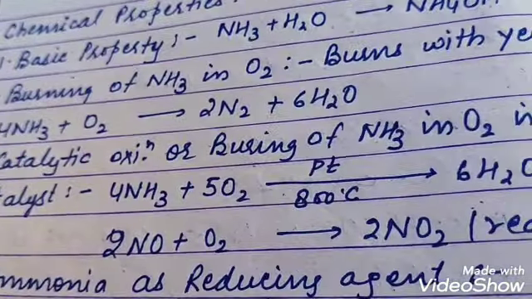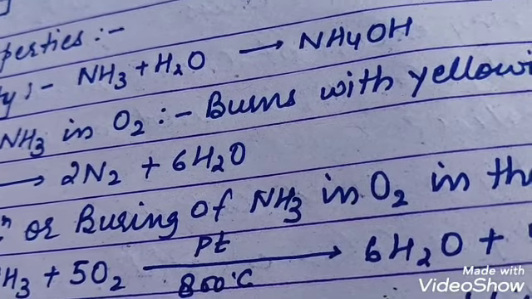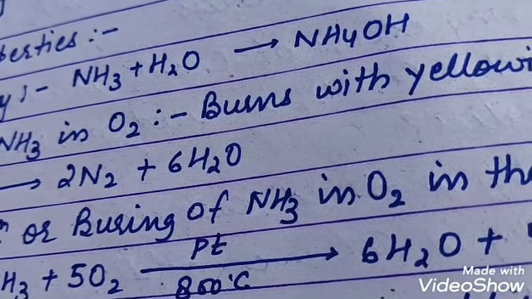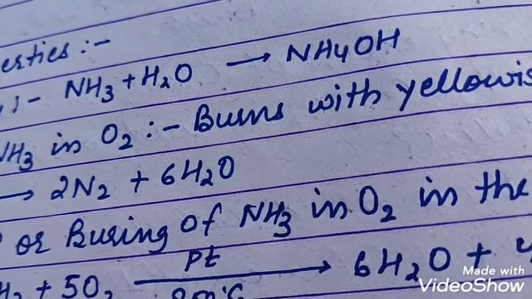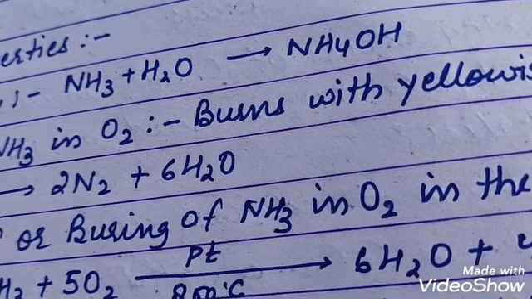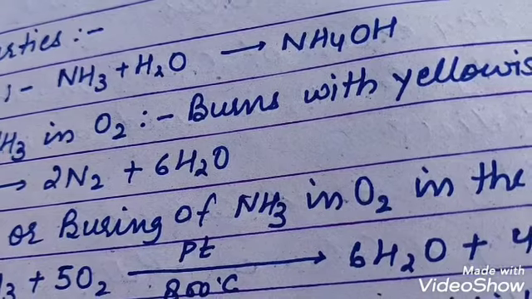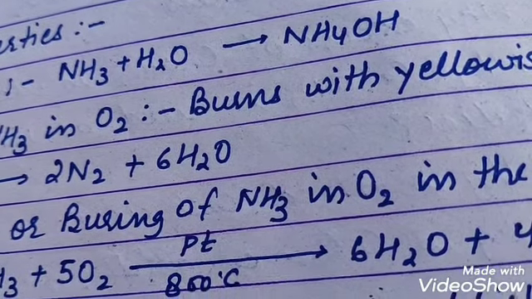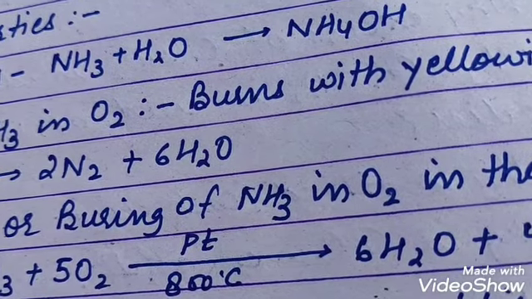How? Ammonia takes a lot of heat to evaporate, and it evaporates very rapidly.